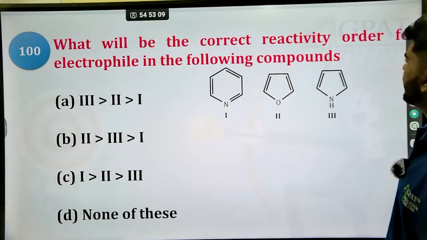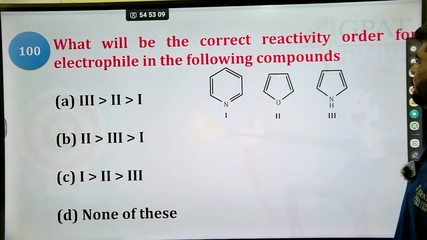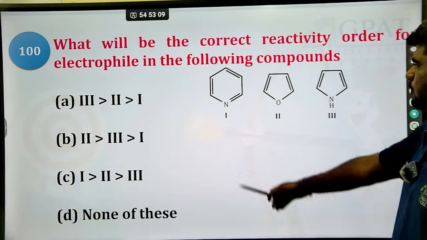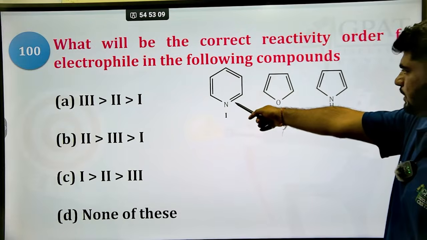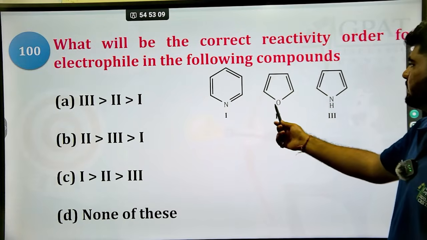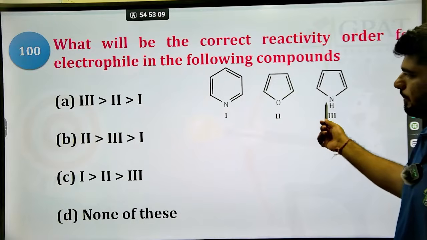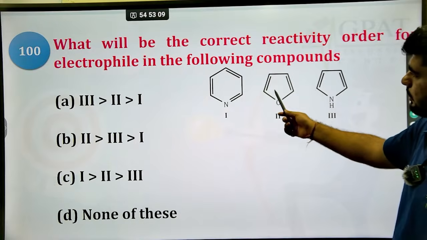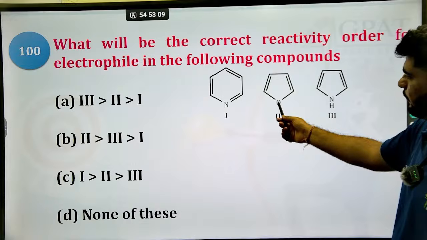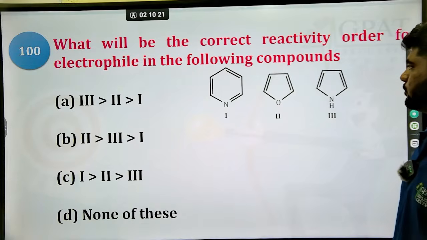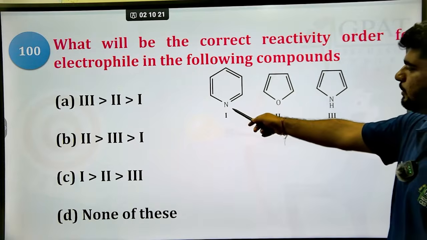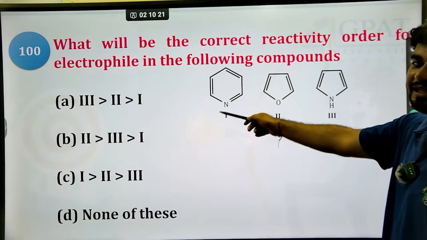Now, what will be the correct reactivity order for the electrophile in the following compounds? This is your pyridine, this is your furan, and this is your pyrrole. In pyridine, you can see the lone pair is extra.